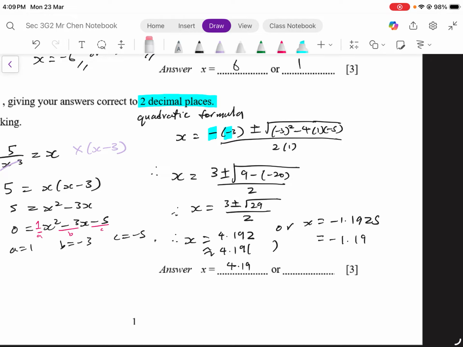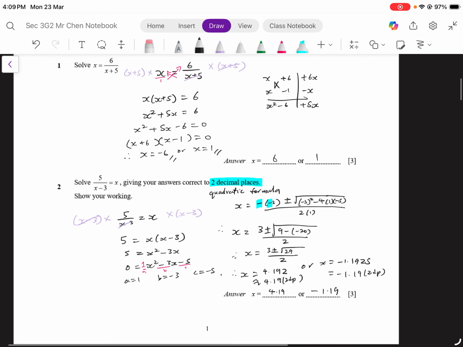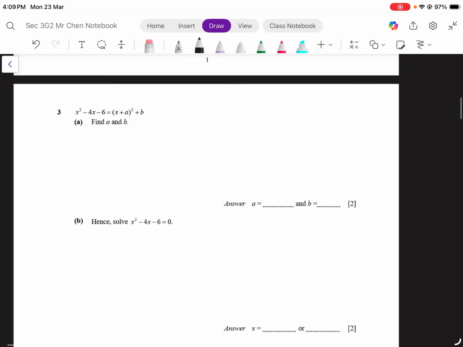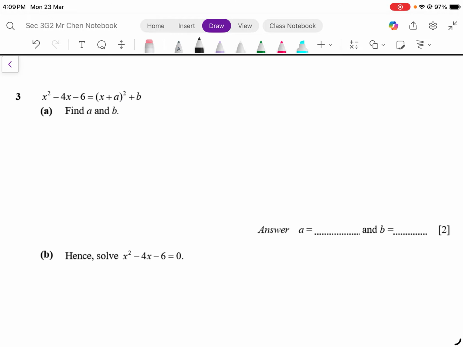But the answer is the same. 2 dp, minus 1.19. Okay, so pretty simple. So all these are N-level questions. If you're able to do it, provided they don't make it harder next year, you should be able to do. Okay, so when you look at it, this is your completing the square.